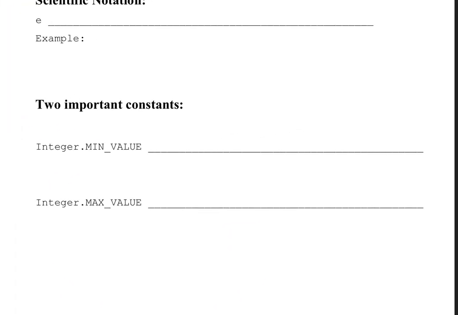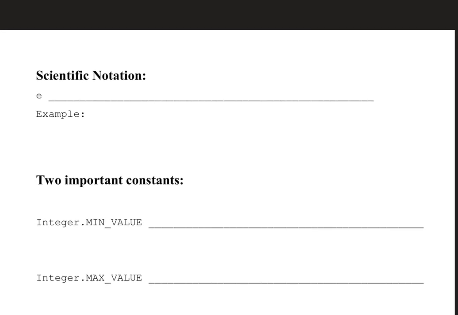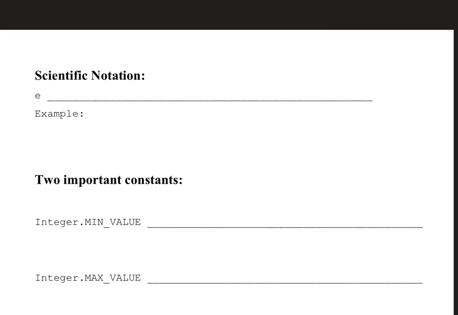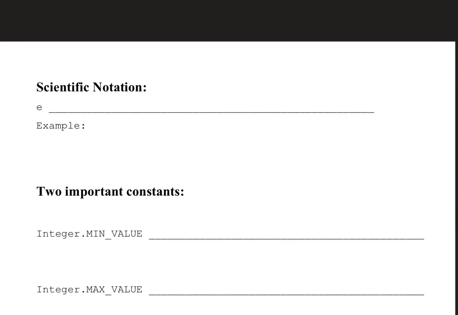Okay, then we have a couple more things. We have E, which is considered our scientific notation. Remember, scientific notation is something like 2.36 times 10 to the 12th power. So instead of writing times 10, we put the E. So it's just like your calculator again.